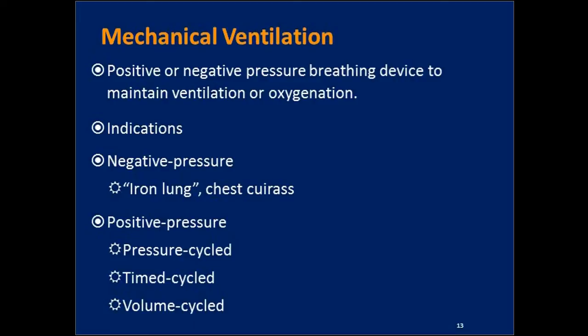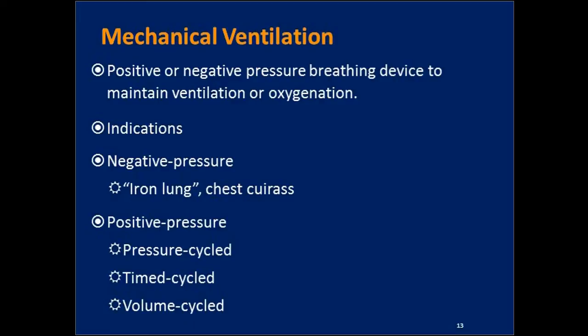And basically what that means is you're looking at how the inspiratory phase ends. There has to be an inspiratory phase and an expiratory phase. And the machine has to know when the inspiratory phase is done and when to begin exhalation.